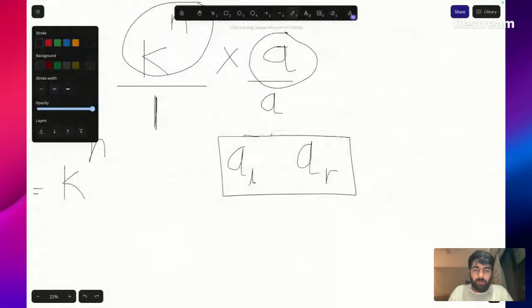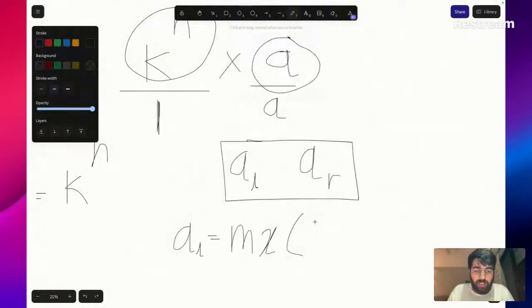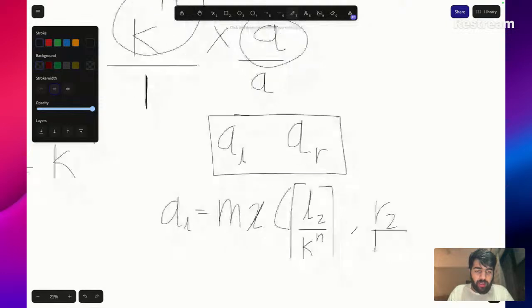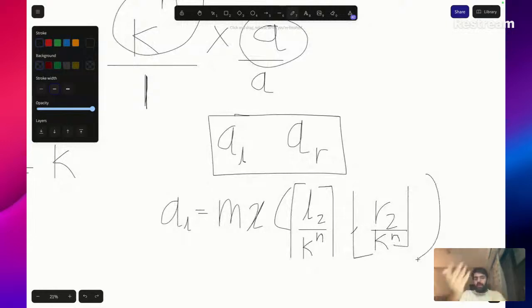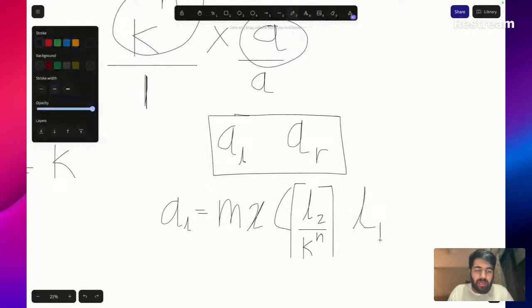So we get that AL is equal to the max of L2 divided by k raised to n, ceiled, and L1.